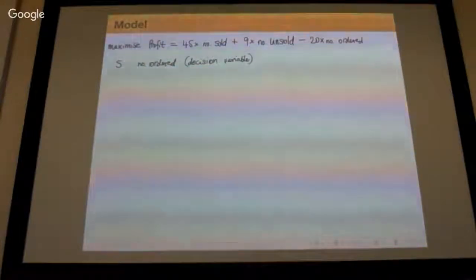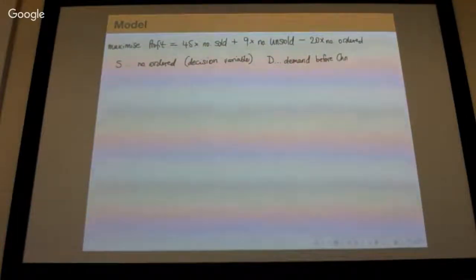And the second variable we have is the demand before Christmas, say, D, which is a random variable.